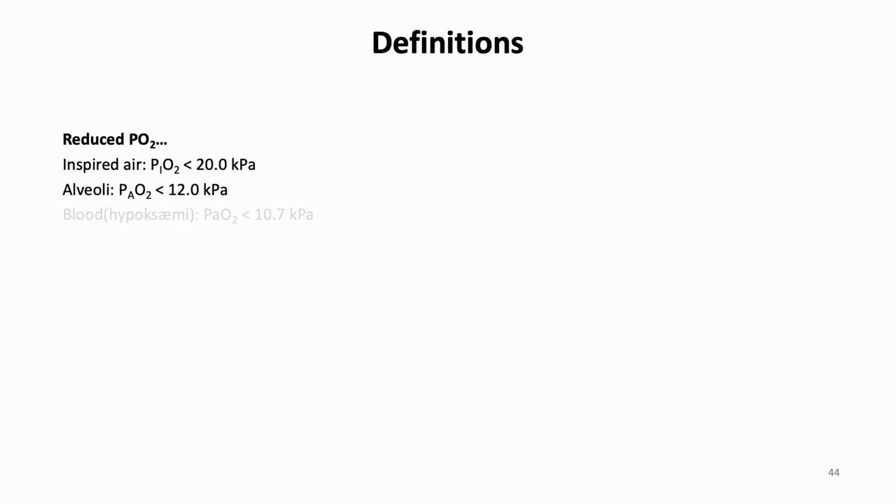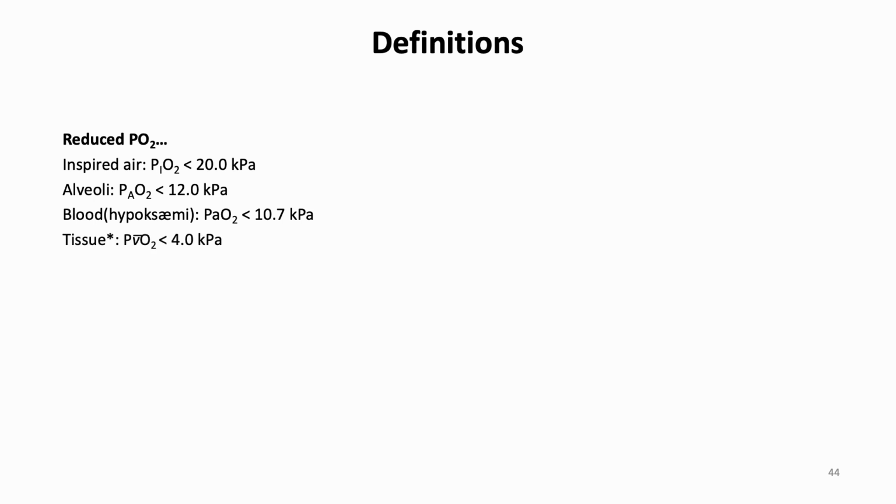Let's start out with a few definitions, because what is hypoxia? It depends on where you look. Obviously, it indicates the presence of a reduced partial pressure of oxygen. But this can be in inspired air, in the alveoli, in the blood, or in tissue.